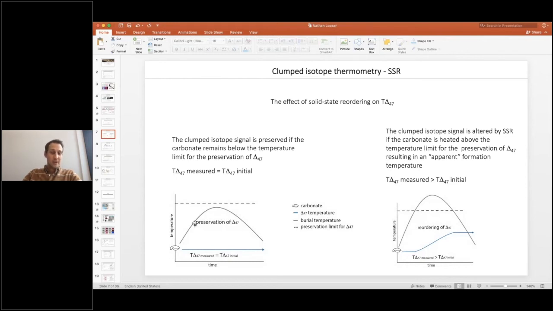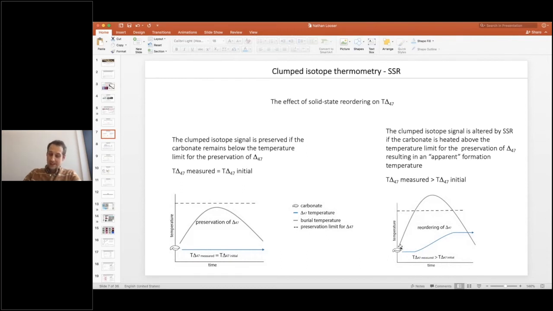If you don't reach this limit, the clumped temperature that was originally recorded during precipitation, let's say 25 degrees for this shell, will still be retrieved correctly today, even after the whole burial history, say 200 million years.